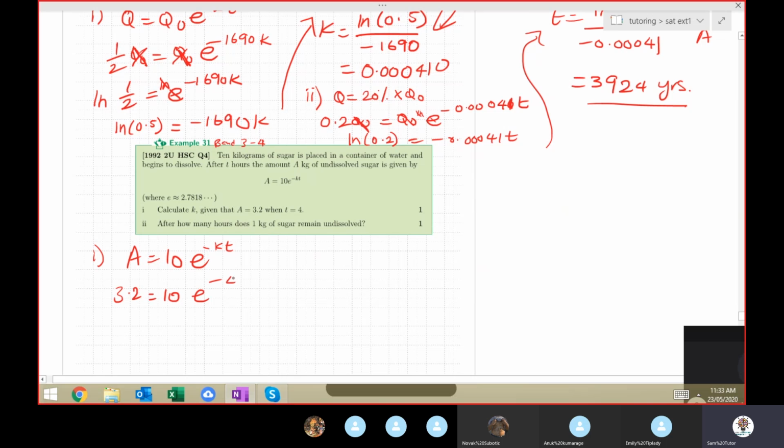So 3.2 equals 10e^(-4k). All right, go. Try to see if you can solve for k. Let me know when you've got an answer.